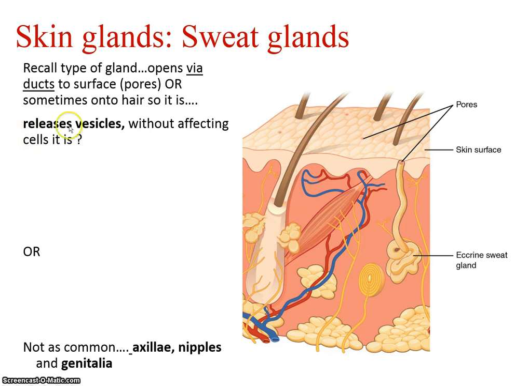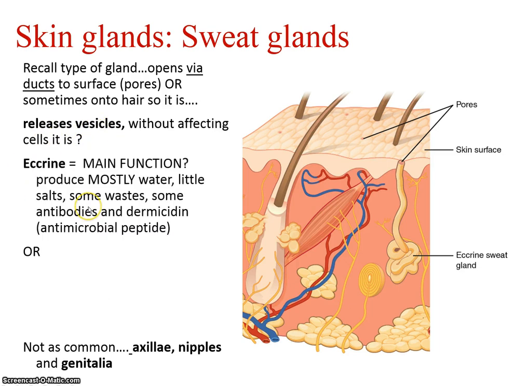Okay, so again, I just reiterate this idea that these sweat glands that stand alone are definitely considered merocrine, and we just call them the eccrine sweat glands. They secrete in a merocrine fashion, and they are exocrine, and their main function is really to help us with regulating temperature.